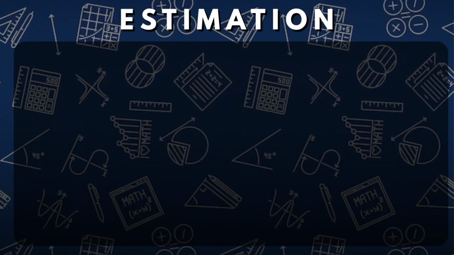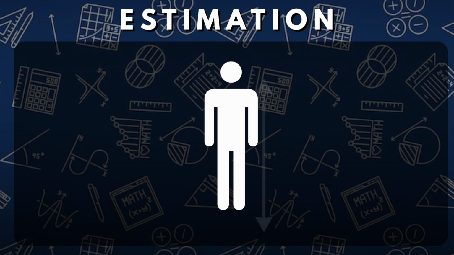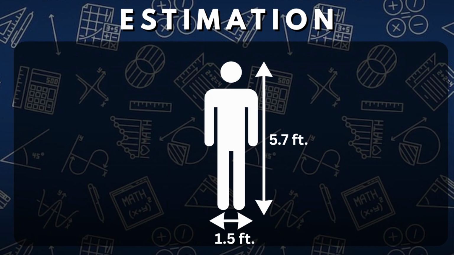Okay, next, we have to have our estimation for the door. Considering that the average height of a person is about 5.7 feet according to the World Health Organization, and 1.5 feet for the width.